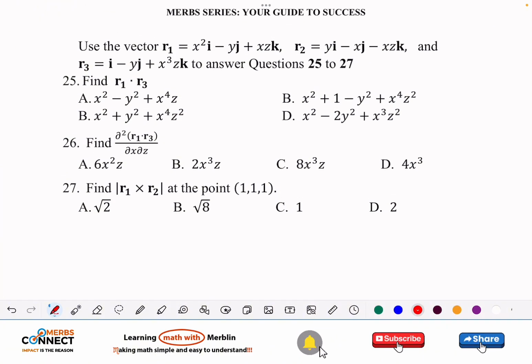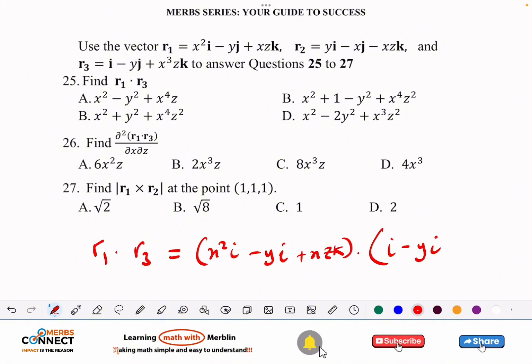So we want r1 dot r3. So r1 dot r3 will be equal to x squared i minus yj plus xzk, dot r3, which is i minus yj plus x to the power 3 zk. Good.